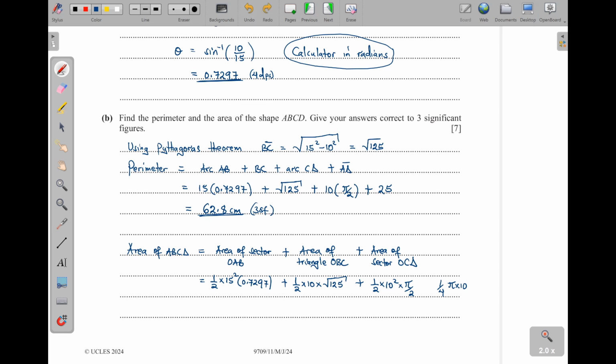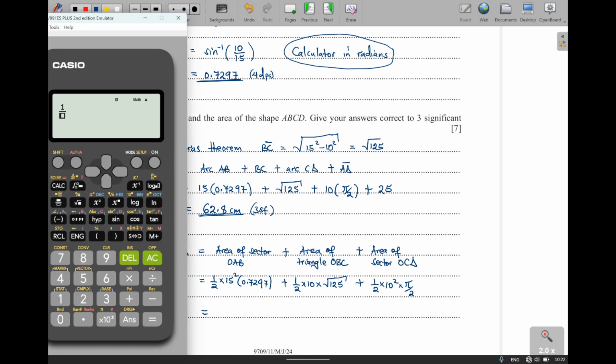So we are now going to put everything here in the calculator and we write our answer to three significant figures. We have a half of 15 squared, then times that 0.7297. Then we also have a half times the 10 times the square root of 125.